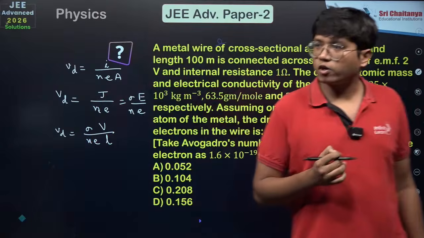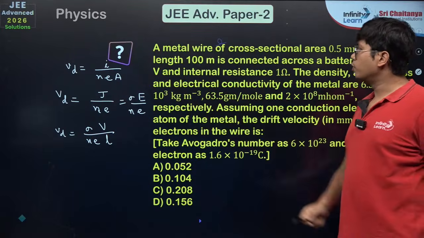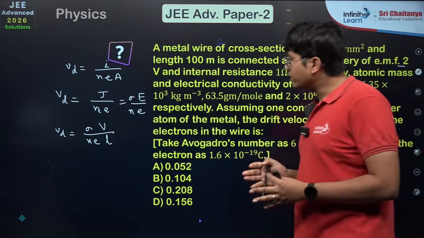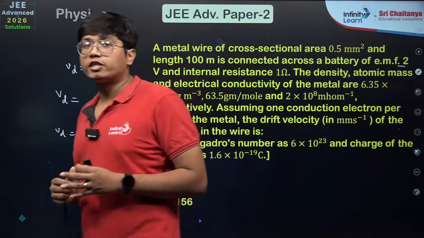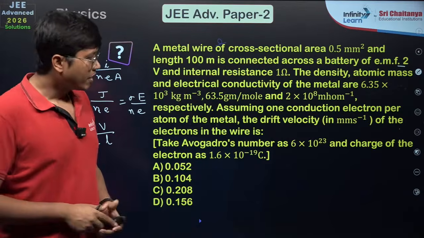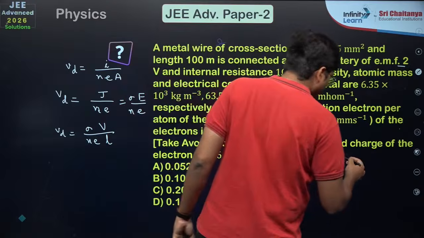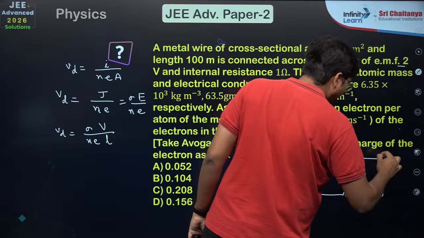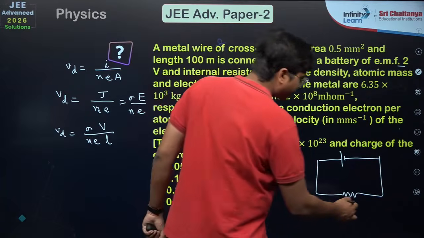The place where you might have gotten stuck was you put this voltage in as 2 volts given over here. But remember, here we are basically finding the drift velocity through that conductor, which is sort of behaving like an external resistor. If I were to create it over here, you have the cell and you can consider it like an external resistor.